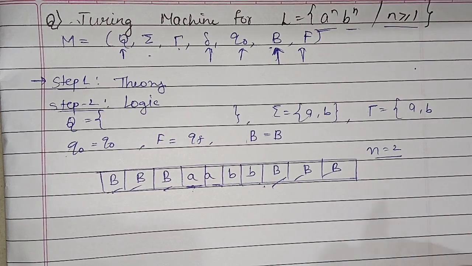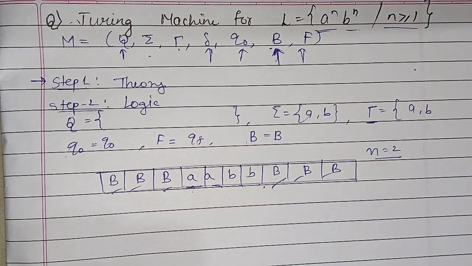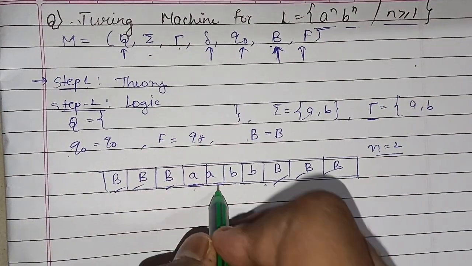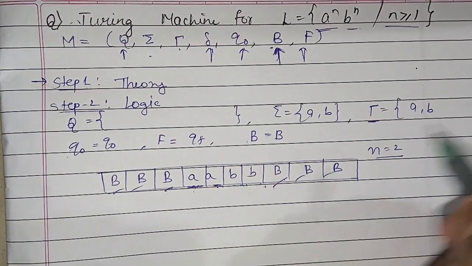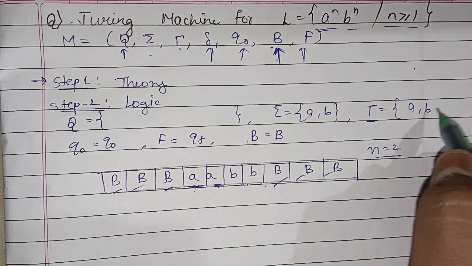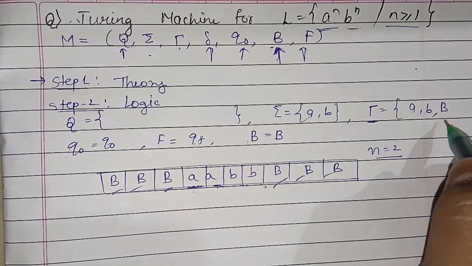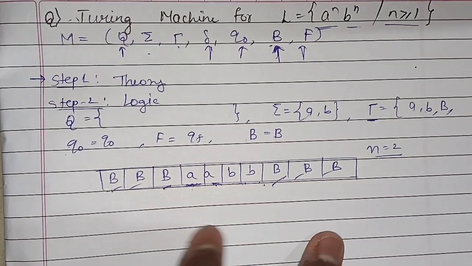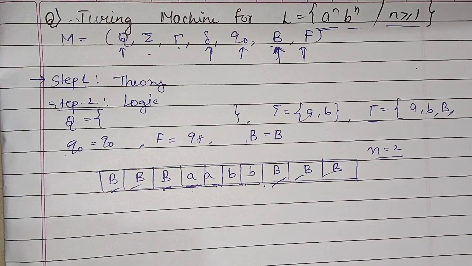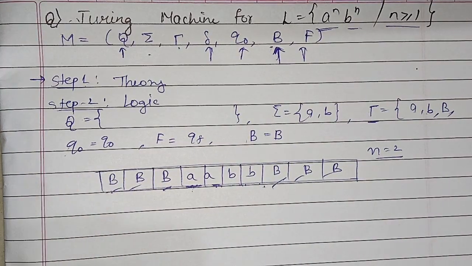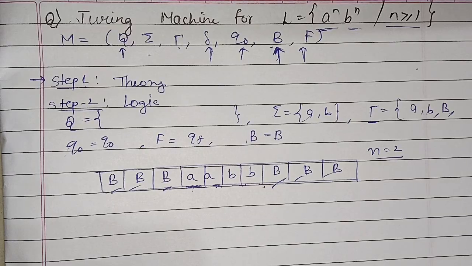So what can be the tape alphabets? Small a, small b, and capital B. Now see how I will solve this. In a Turing machine we can move left as well as right, and we can also stop.